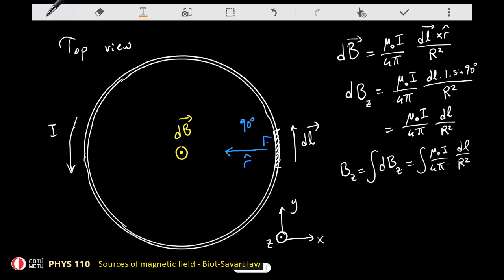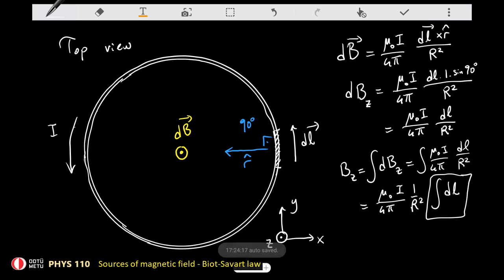In any case, I know that this mu 0 I over 4 pi is a constant, capital R is a constant, so I can take them out of the integral. And so within the integral, it's just the integral of dl. At this point, I just interpret this symbolically again.